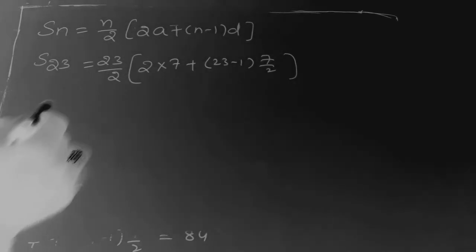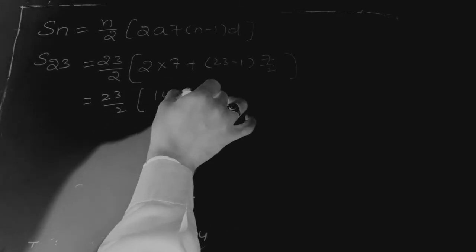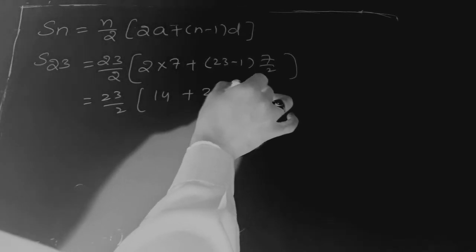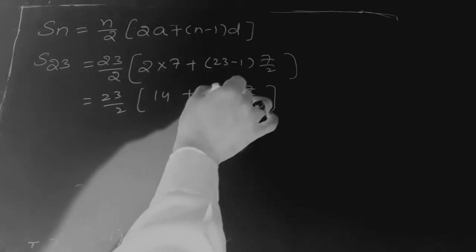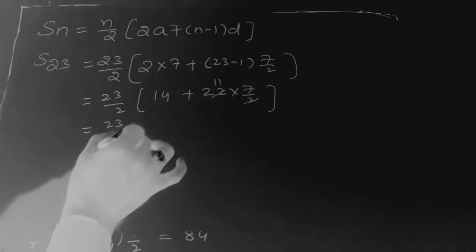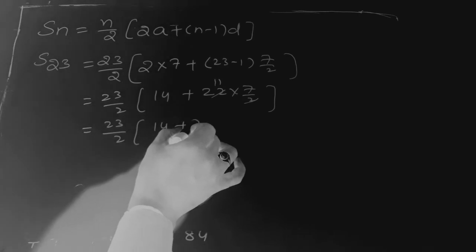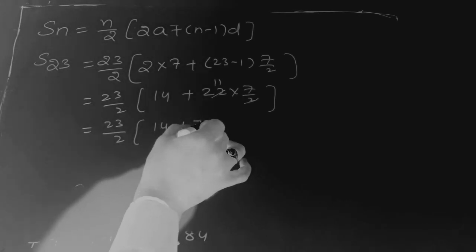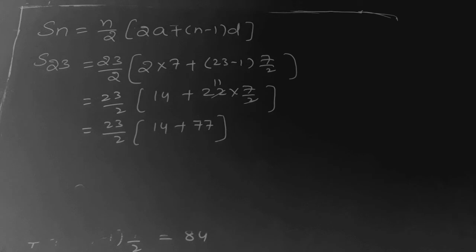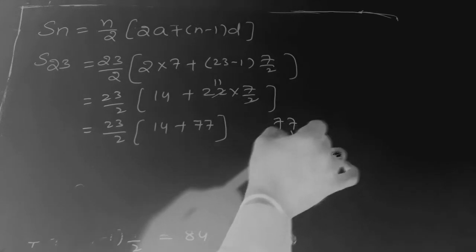Now if you simplify this, 23 by 2, 2 sevens are 14. This is 23 minus 1 is 22. 7 by 2. 2 1 time 2, 11 times here. So 23 by 2, this is 14, and this is 11 into 7 is nothing but 77. Add these two, 77 and 14 together, how much?